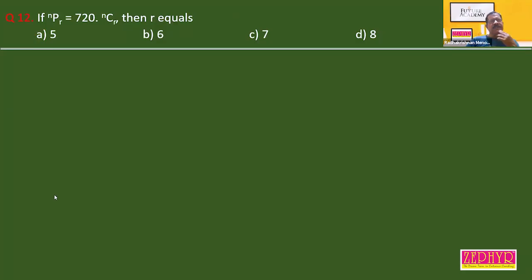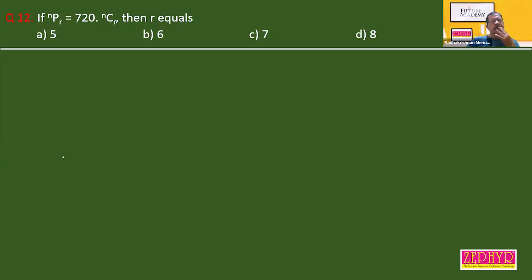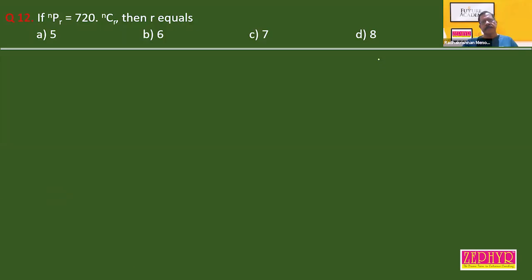nPr equal to 720 into nCr. What is the value of r? Very simple. The result is very easy: nPr equal to r factorial into nCr.